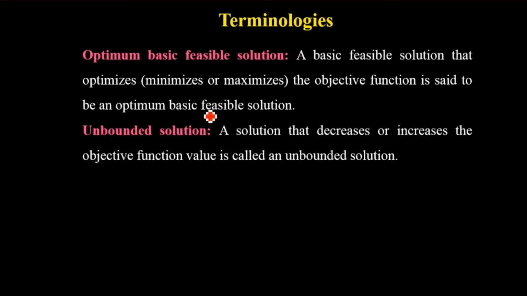If you are finding the maximum, each time you find a larger maximum. In that case it will be an unbounded solution. We will illustrate through an example problem that a solution that keeps decreasing or increasing the objective function value is called an unbounded solution.